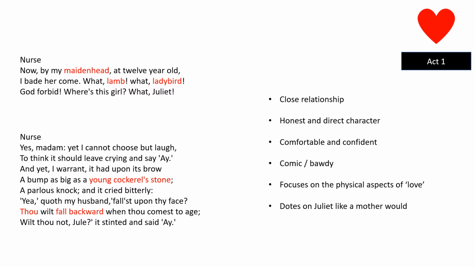Now the first thing, very clearly, is that she uses a very informal term of address, thou. Okay, if you wanted to be very, very formal and distant and respectful in a relationship, you would use what we use as you as a pronoun, whereas if you wanted to show that you were close to somebody, you'd use thou.